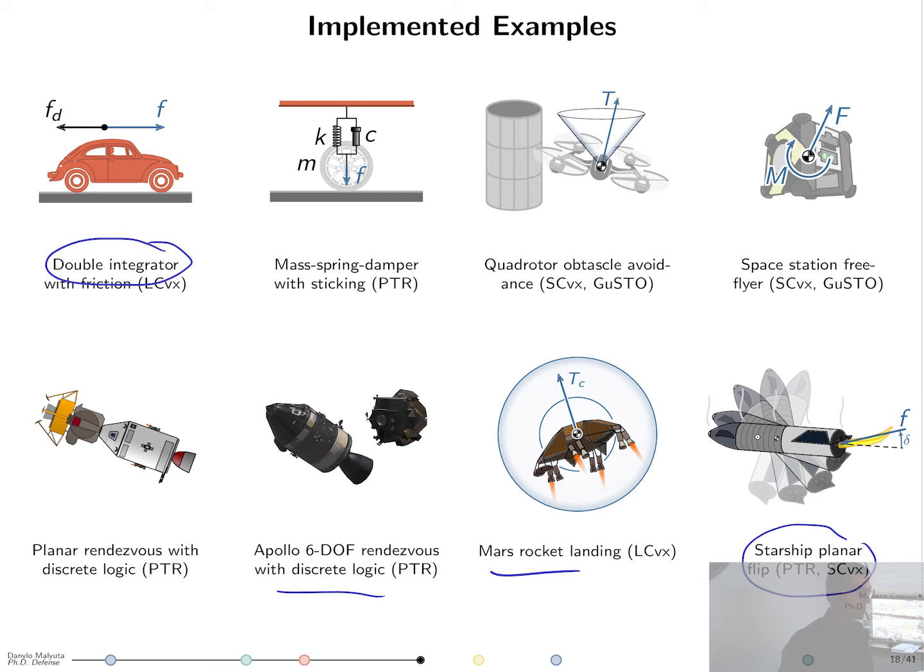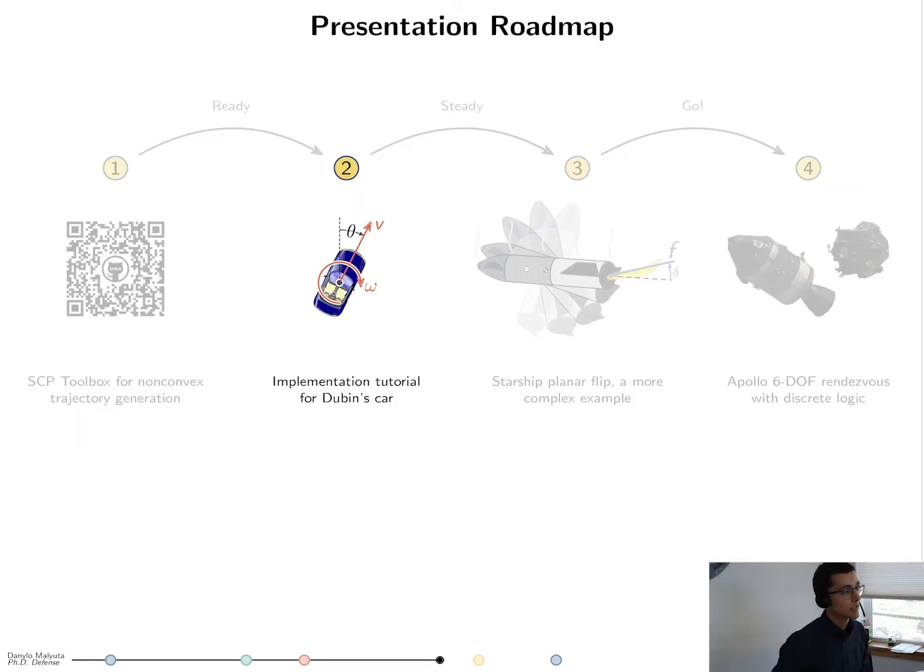To show the genericness of the tool, it goes all the way from very simple double integrator models of a car, all the way to Starship planar landing flip maneuver, to Mars rocket landing, to spacecraft rendezvous and docking. I think that's a point not to be underestimated, the fact that these SCP algorithms can scale across such a wide variety of problems.